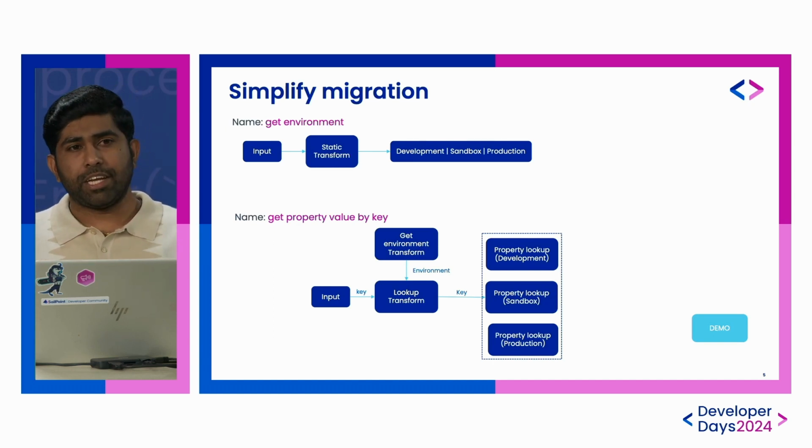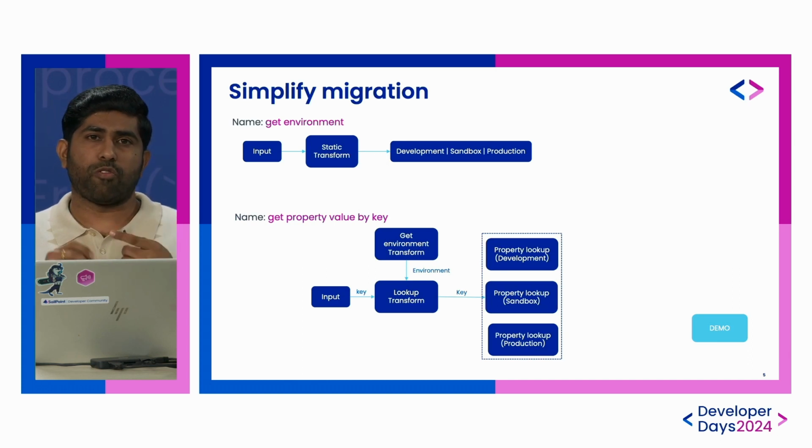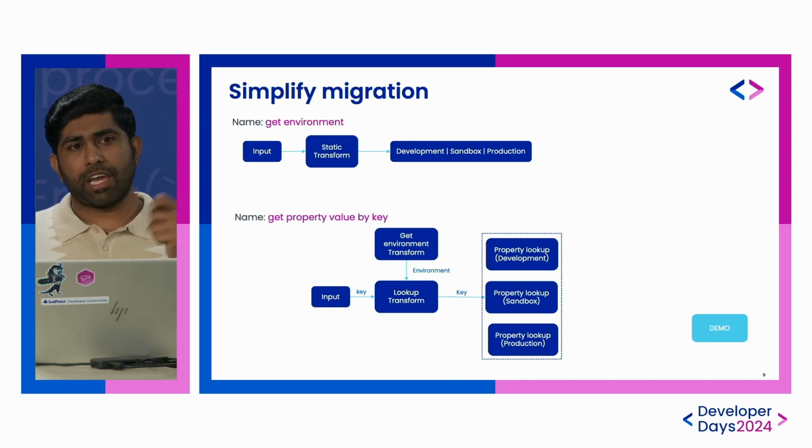You pass the key to this transform, and it returns a value. How will this work? You will have three lookup transforms, one for development, one for sandbox, and one for production. And there is a lookup transform again within this get property value by key, which will be used to point to the appropriate property file.